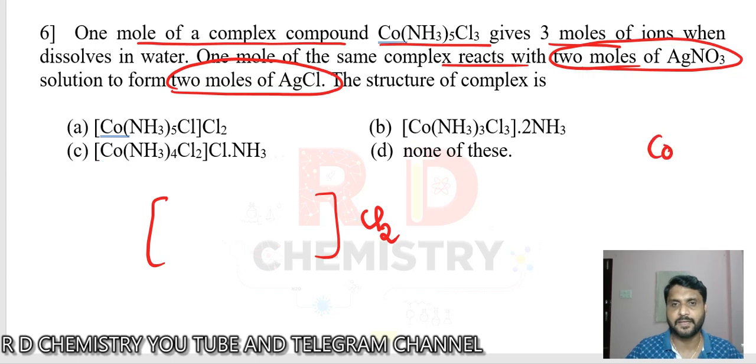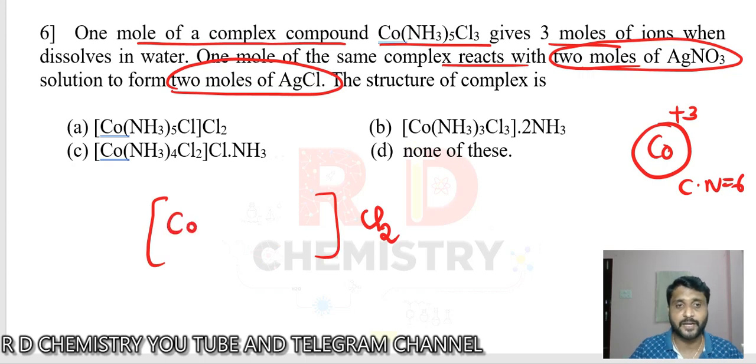Remember, the oxidation number of cobalt in complexes is generally 3, so the coordination number is 6, meaning there should be 6 ligands surrounding it. The rest of the ligands are written within the square bracket. So write all 5 ammine ligands, then bring one Cl.